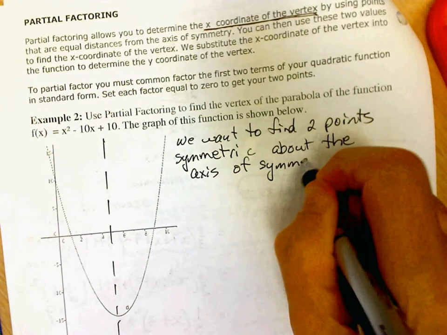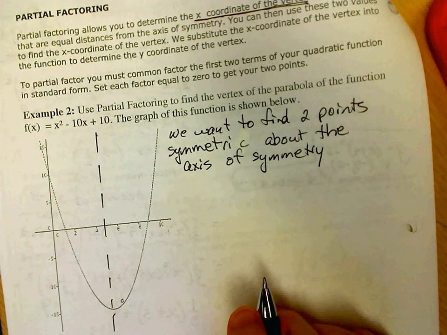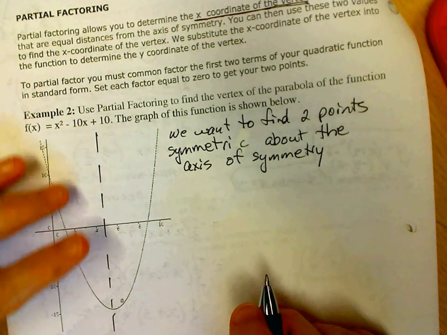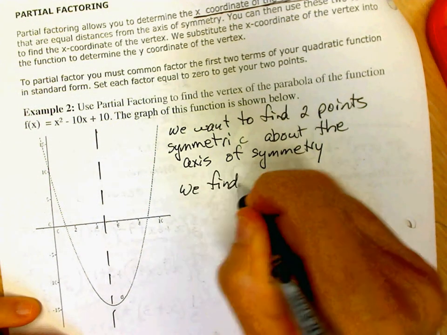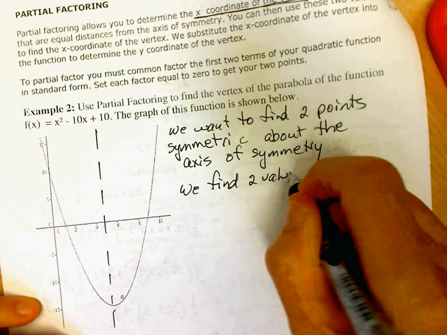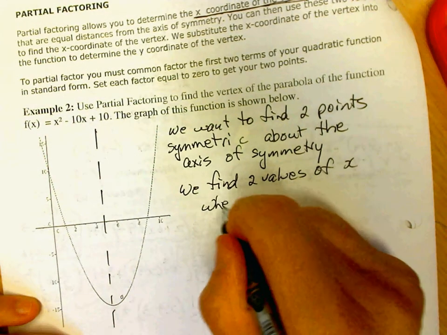So what we do is, we find 2 values of x when our function f of x equals 10.